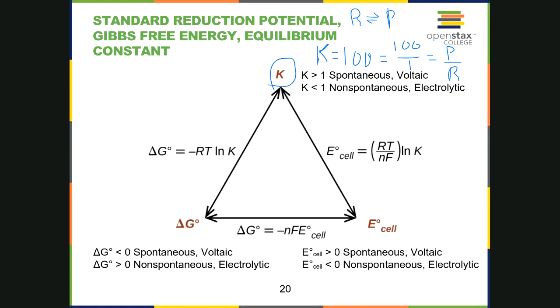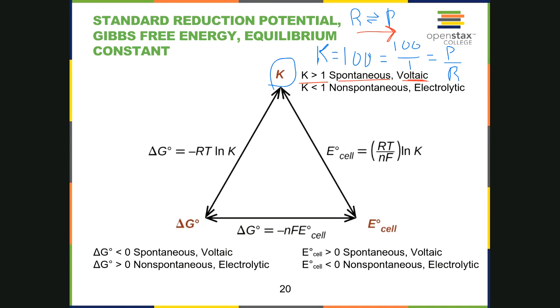And what we're saying here is that if K were 100 or 100 over 1, that it would favor the products and not the reactants. So we're going with this idea that if K is greater than 1, that also means it's a spontaneous process. And we're in the electrochemistry chapter, so we would say, okay, that's a voltaic process.